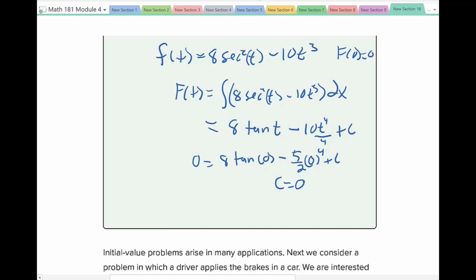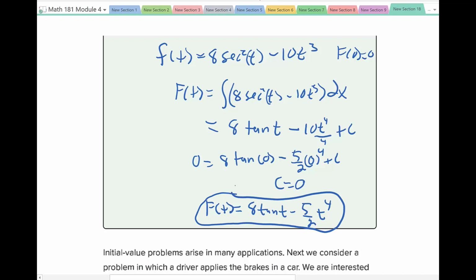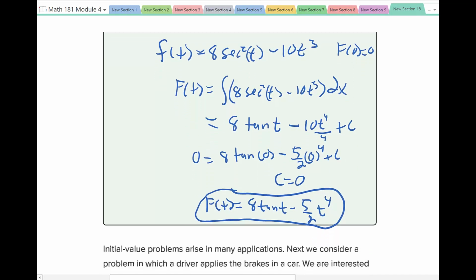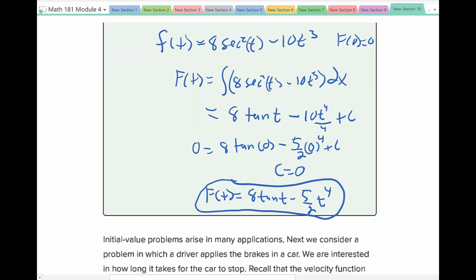And we can conclude that our f of t is 8 tangent t minus 5 halves t to the 4th. That's it. Okay, your version of this problem may count a little bit different, but that's the process for it. Okay, let's go on.